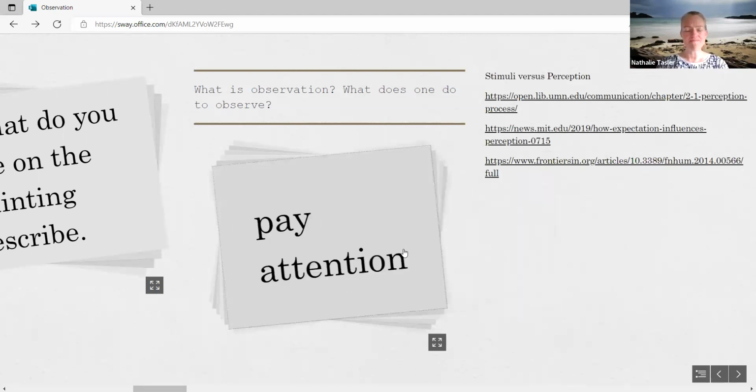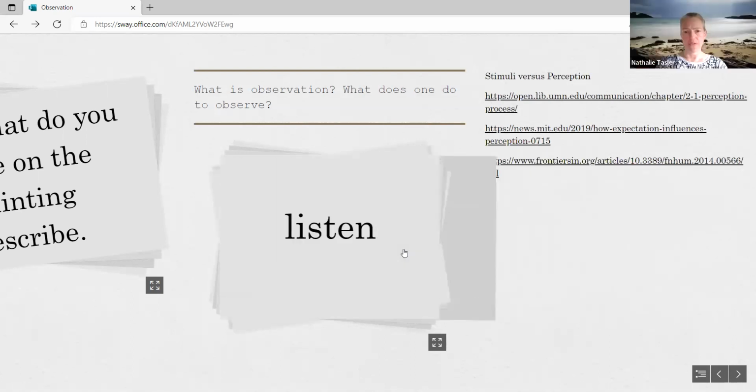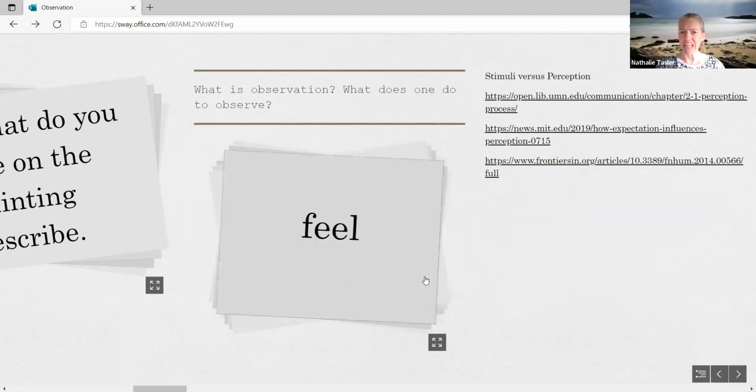But it's also about paying attention, and it's also about listening. So I was thinking, if we want to do classroom observations of our students, maybe we develop an active pedagogy, where we step back and the students take over a bit more and we watch them. We also listen and we can feel the situation.